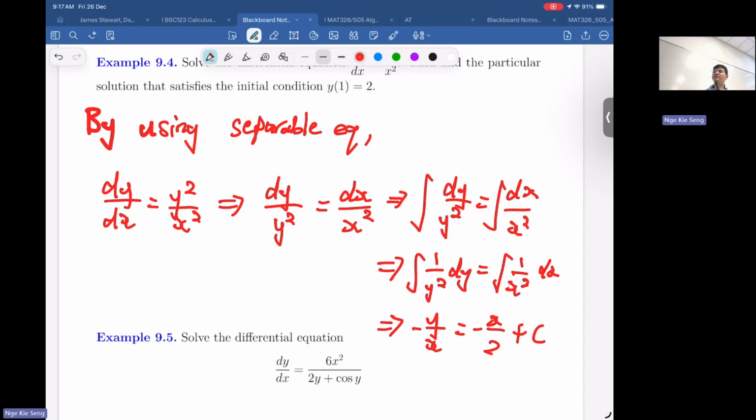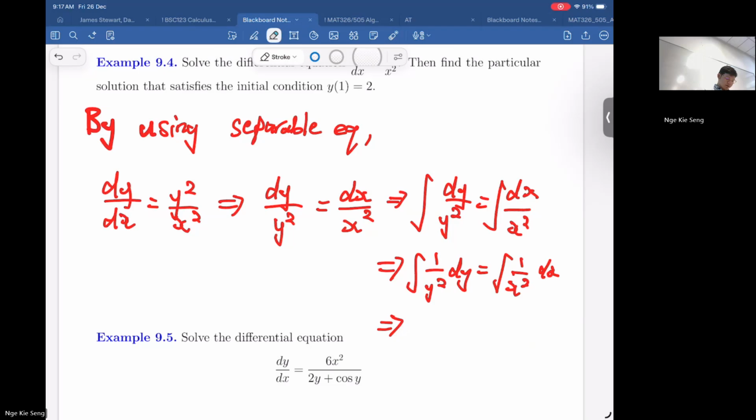Is it correct? You increase the power by 1, and then, wait, increase the power by 1, and divide, right? Let me see. Wait, what am I doing here? I think I'm a bit crazy. Let's try again.